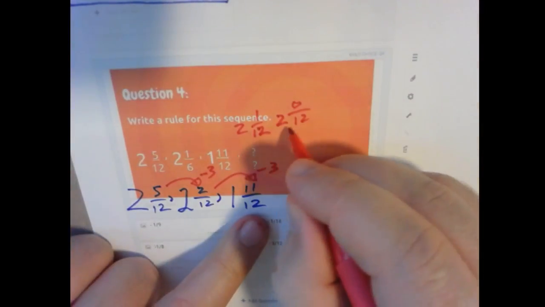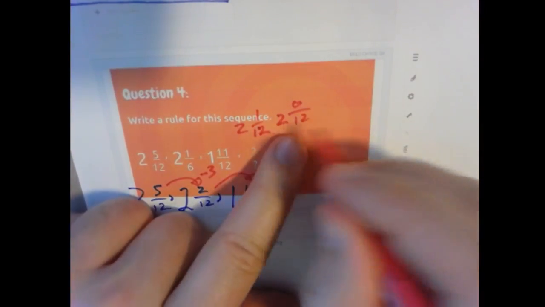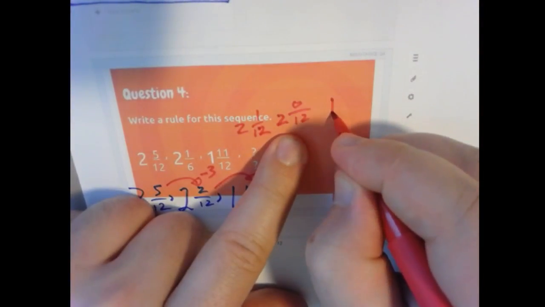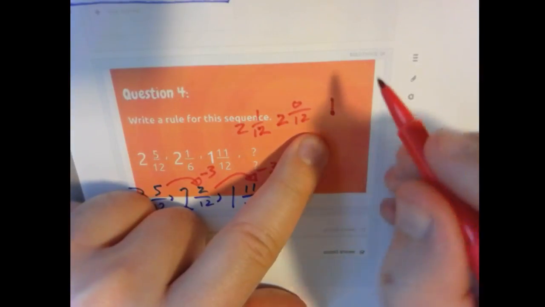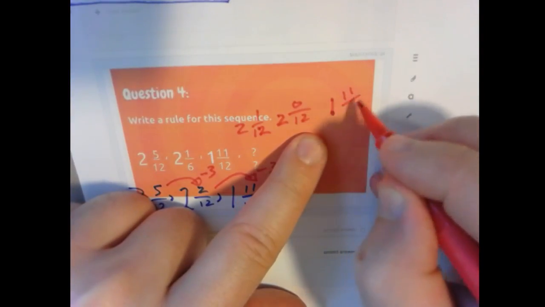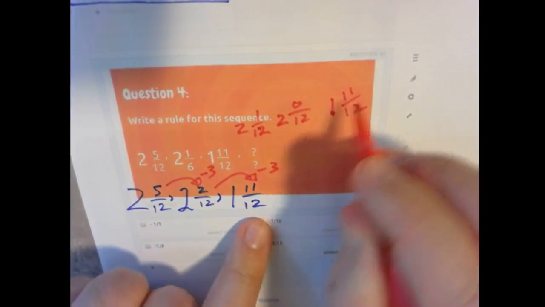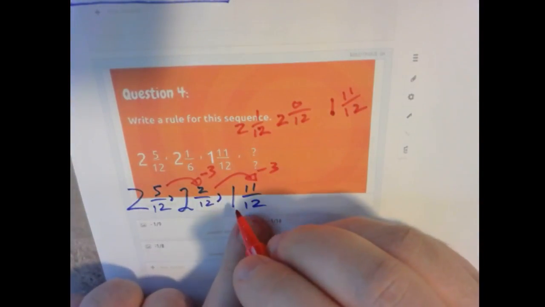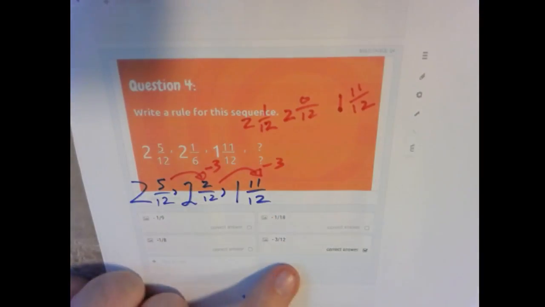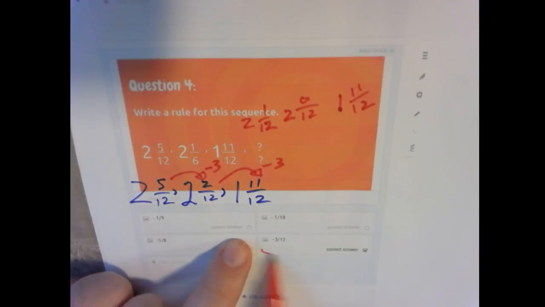Then we would lose one more. There's no more fractions to take away, so it would be 1 and 11/12. Okay, we see how that pattern emerged, and that would be how we would get to the 1 and 11/12. Okay, so we're losing 3/12 each step, just like that.